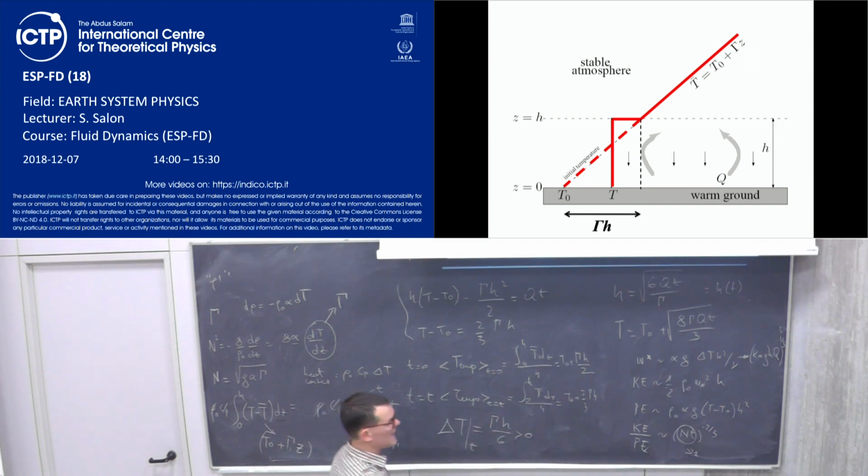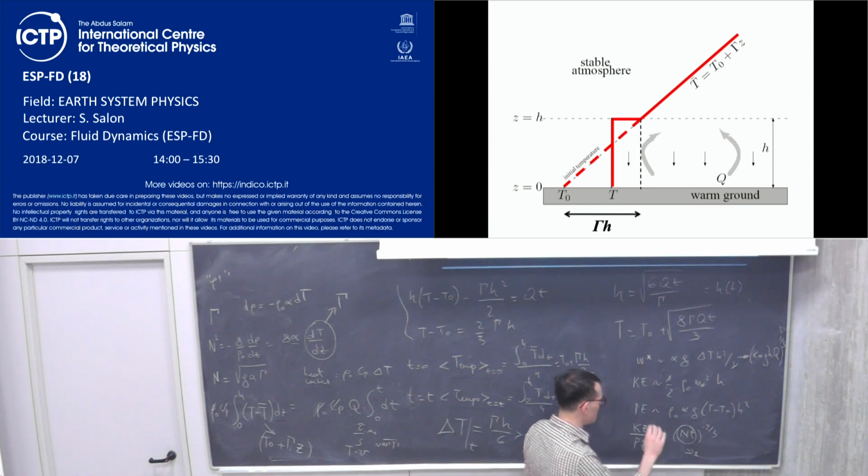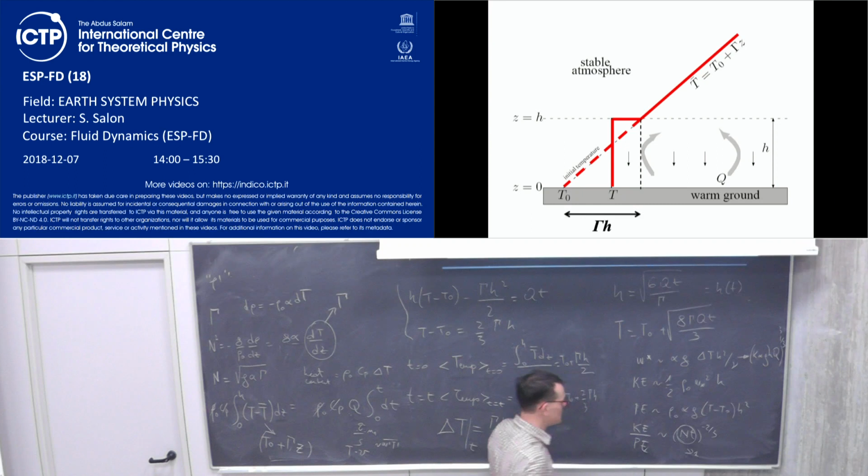Okay, so it's not important that you understand all the steps, but what is important that you understand is that if we reconsider the expression of kinetic energy and the expression of potential energy according to the specific case that we are solving, their ratio scales like this term here, nt to the minus 2/3, and this term, in GFD phenomena, so in cases like this, is much larger than 1.